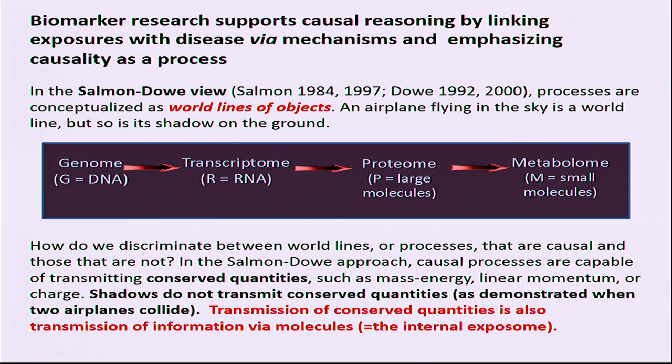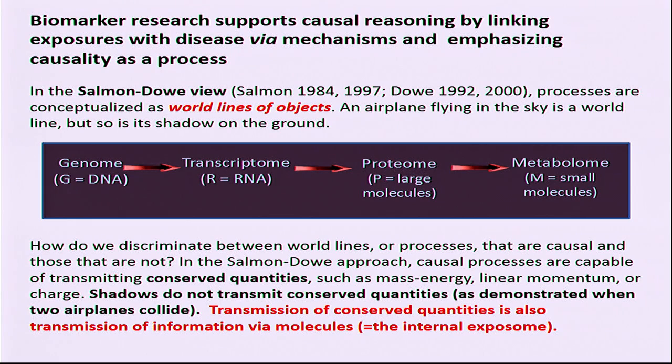And I like referring to Wesley Salmon, who posed the question, how can we distinguish between causal processes, because we are talking about processes, rather than ontology, what biomarkers really are. We are looking at biomarkers as processes, or as particular images of the process.